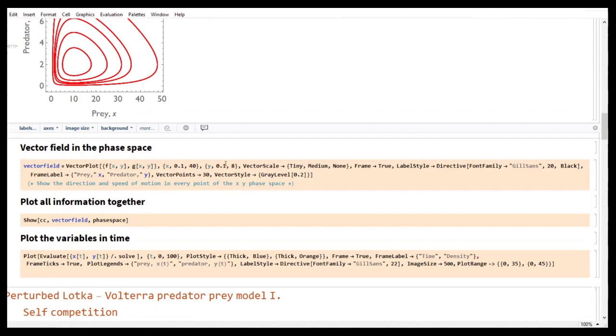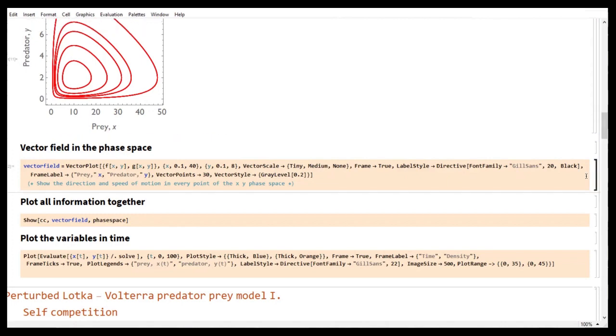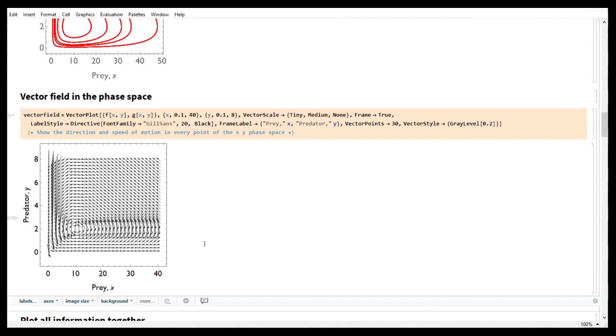We determine the interval where we are interested, and we add additional conditions for how the vectors will look in this vector space. And let us see how the vector space looks here. You can see that the motion is in that direction here. It's horizontal here, almost vertical here, again horizontal here, again vertical here, around the fixed point.